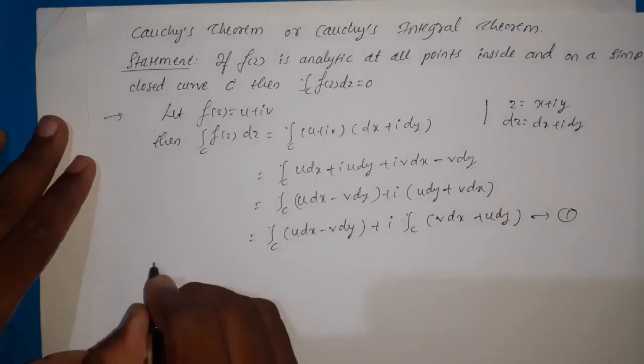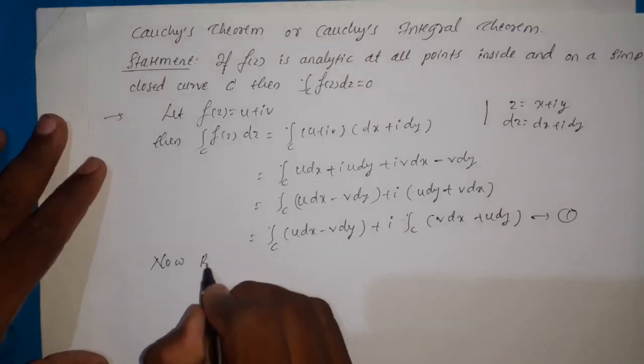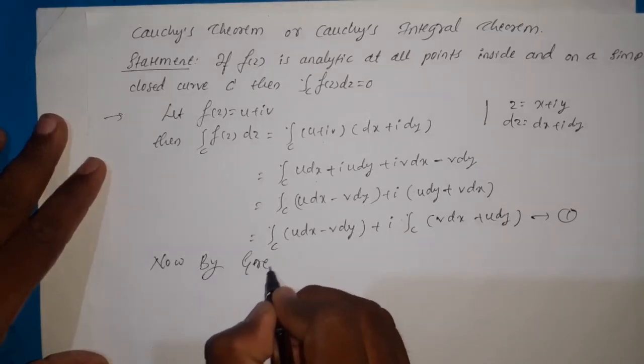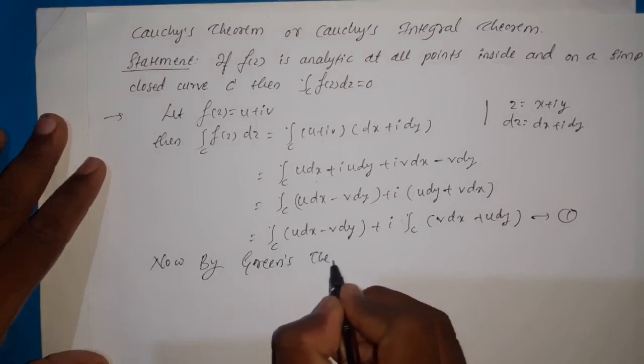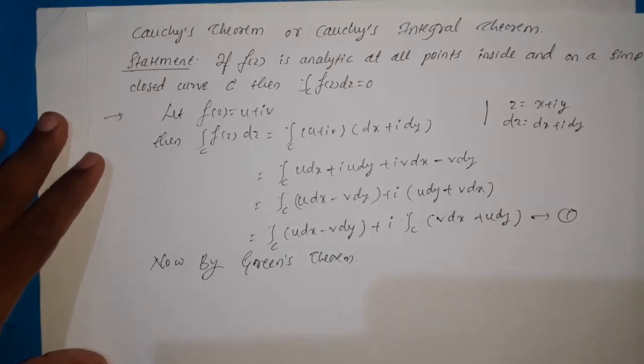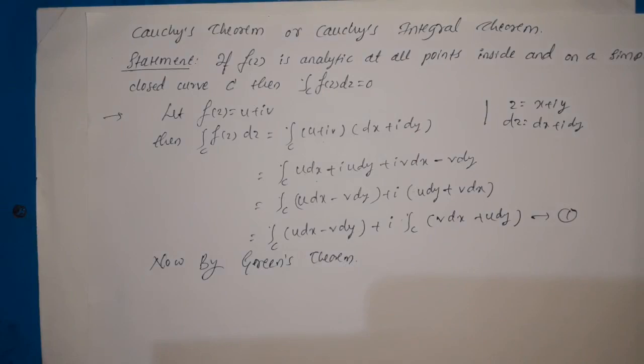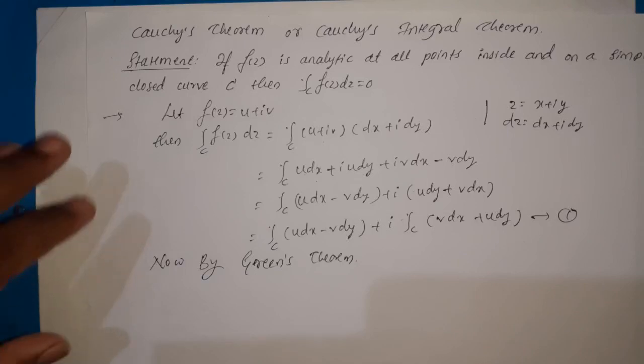Now by applying the Green's theorem, in Green's theorem we have two functions p and q, which are the functions of x and y and which are continuous. So then integration over c p dx plus q dy is equal to double integration over d dou q by dou x minus dou p by dou y into dx dy. So therefore here we will apply the same one.